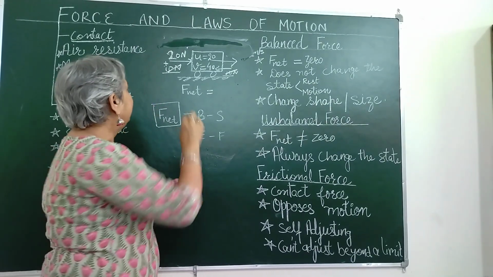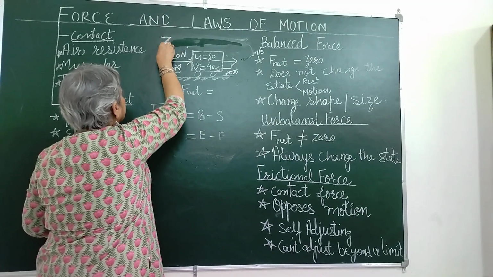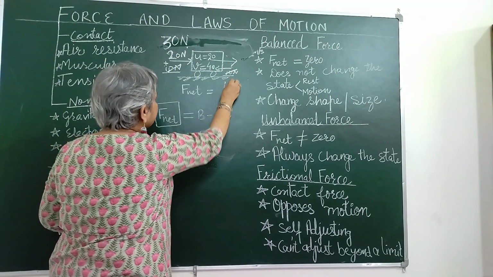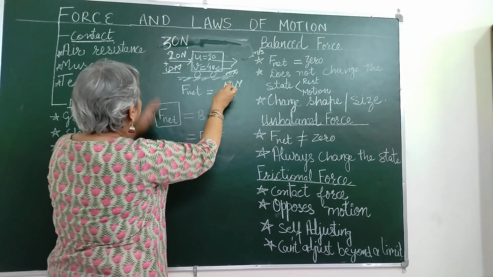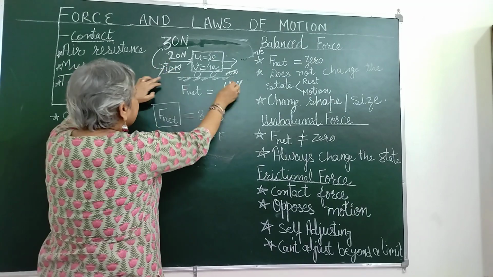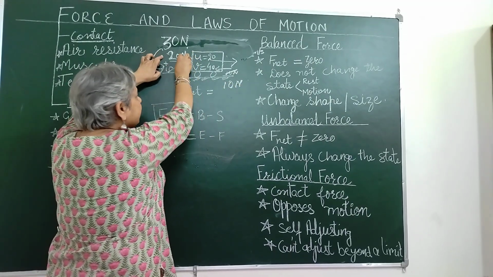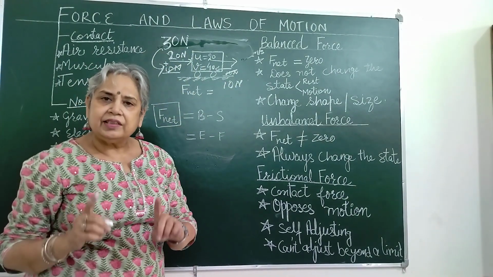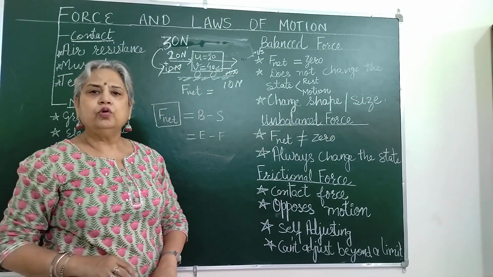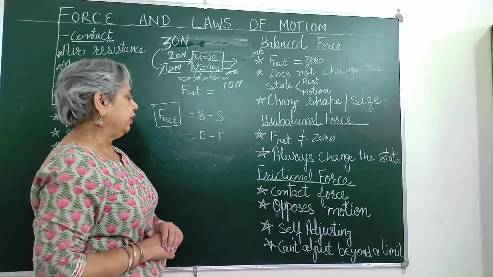Let me tell you again. Total effort 30 Newton. Frictional force 10 Newton. So 10 Newton out of 30 Newton is cancelling friction. The rest 20 Newton is changing the velocity from 20 meter per second to 40 meter per second.